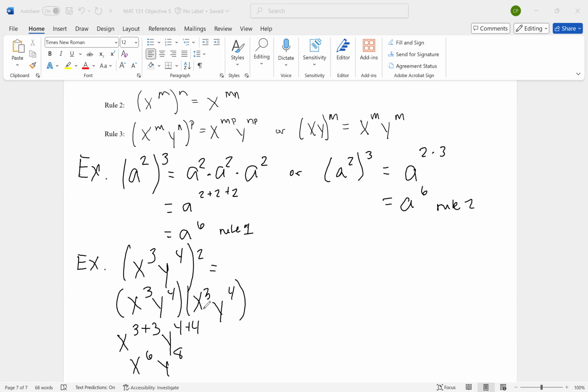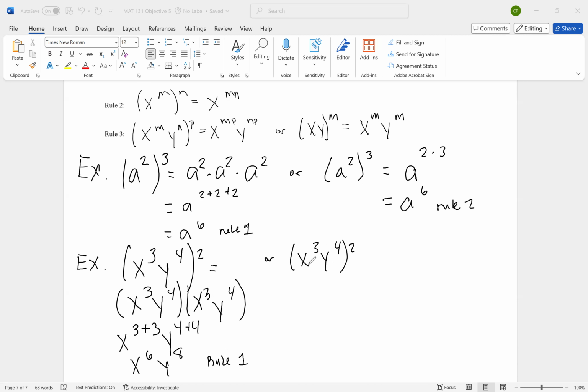When we have everything written out that's multiplied, that's when we can add the exponents. Again, this is rule number 1, okay? And I'm doing this because a lot of people get confused as to when to multiply the exponents and when to add the exponents.